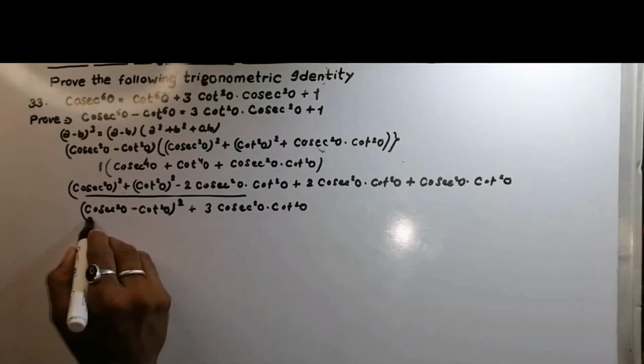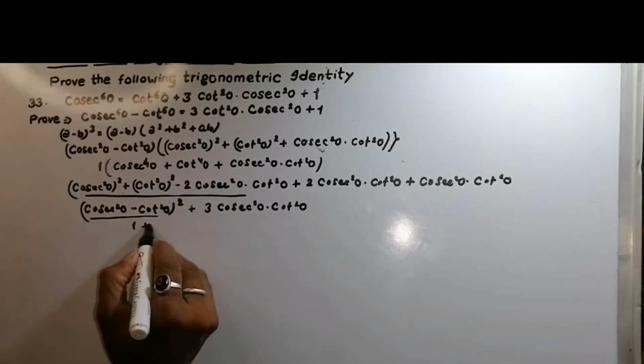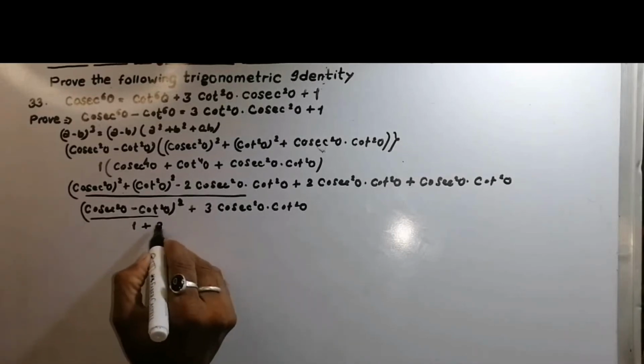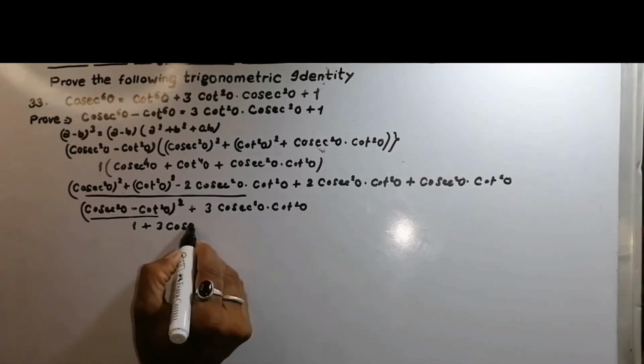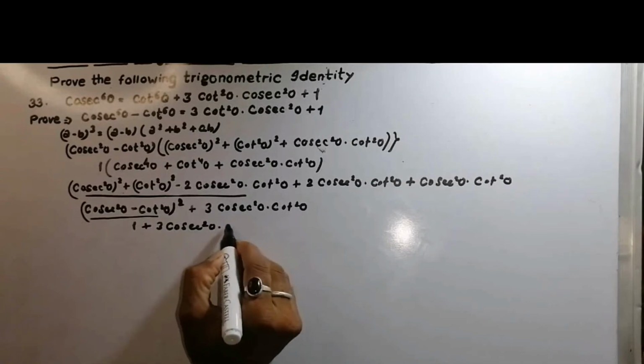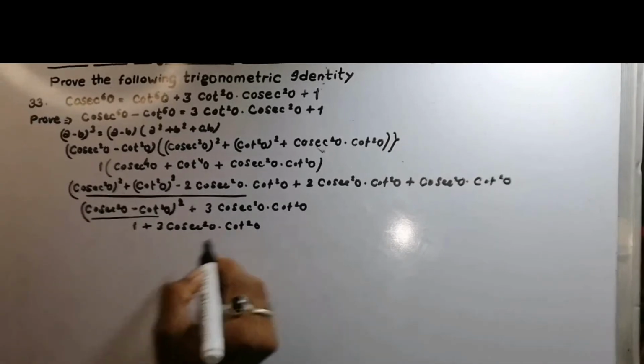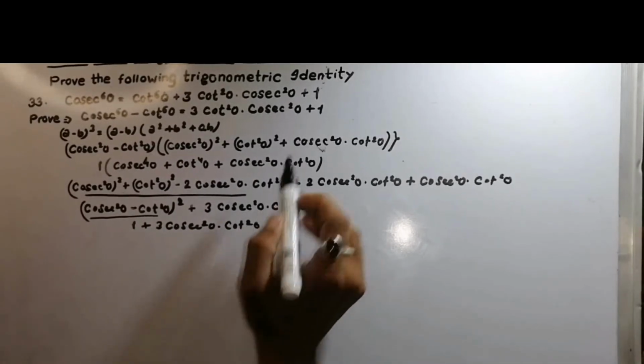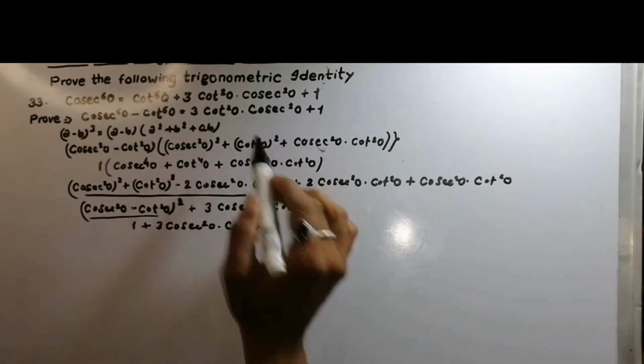The value of this will be 1 plus the remaining 3 cosec square theta into cot square theta, which will be equal to the right hand side.